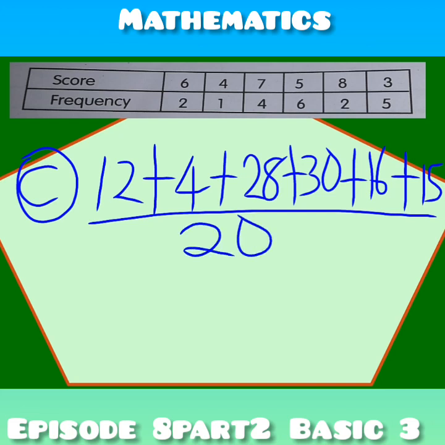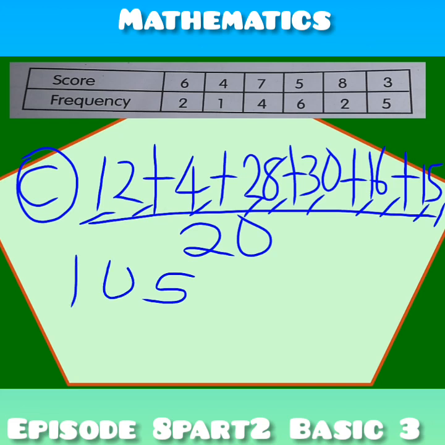We are looking for the mean, remember. So let's add what the total scores were. 2 plus 4, 6. 6 plus 8, 14. 14 plus 6, 20. 20 plus 5, 25. So we write 5 and carry 2. 2 carried plus 1 is 3. 3 plus 2 is 5. 5 plus 3 is 8. 8 plus 1, 9. 9 plus 1, 10.